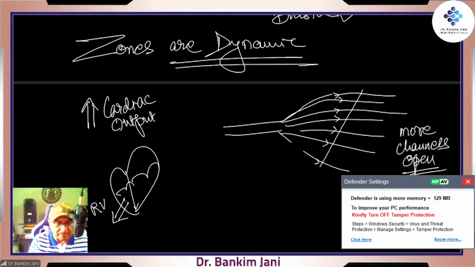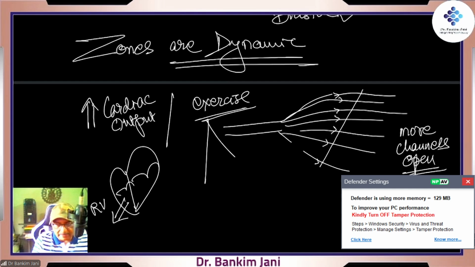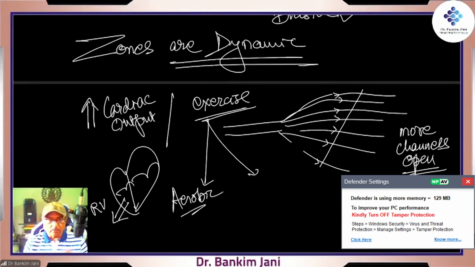So for example, in exercise, the way it is divided, one is aerobic exercise. In aerobics, you are jumping, running, whatever you are doing, you are increasing the oxygen, but at the same time, you are increasing the cardiac output. That means over here, these are all alveoli which are sitting. Now the blood is coming very rapidly, but at the same time, you are breathing so rapidly too, taking deep breaths.